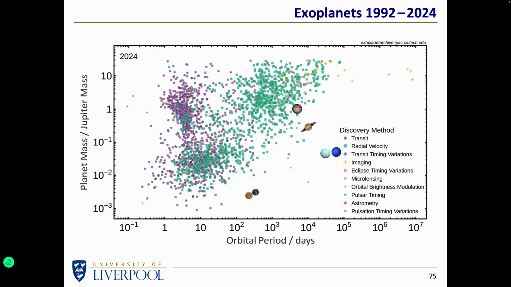And it's a lot easier to find planets with a large diameter because they block more of the light from their parent star. So it's easier to see big planets and it's easier to see more massive planets. Earth-like planets are tricky because they are small and they are relatively low mass. So just because we don't see many of them doesn't mean they're not there.